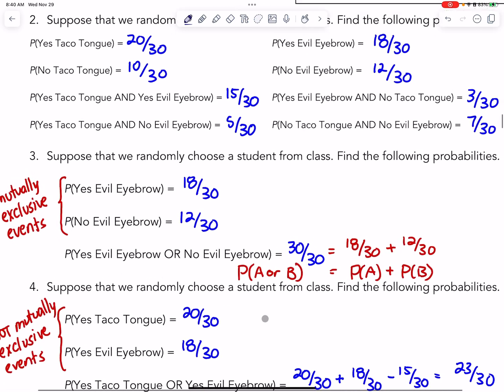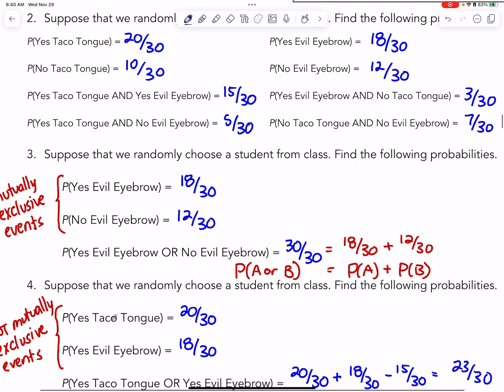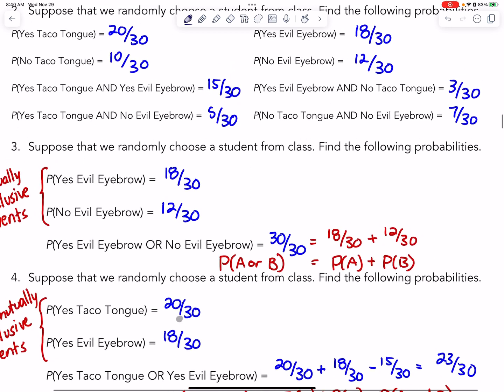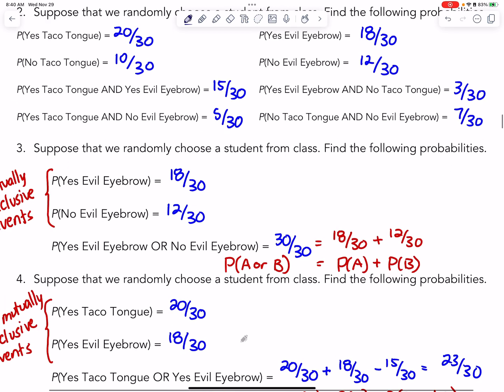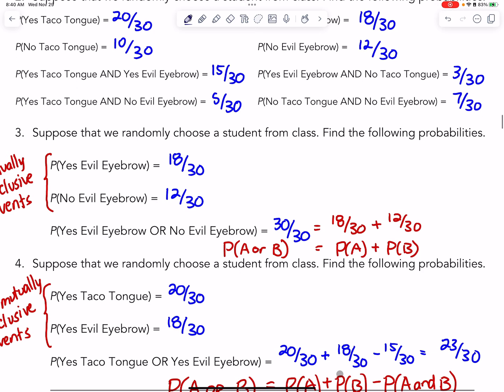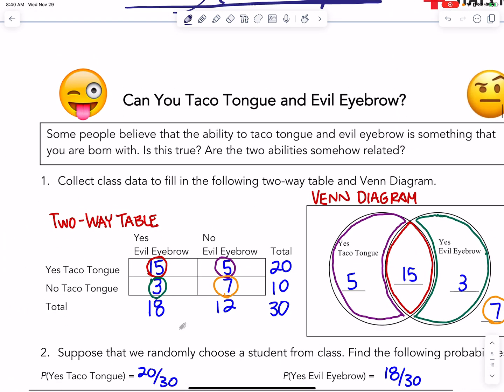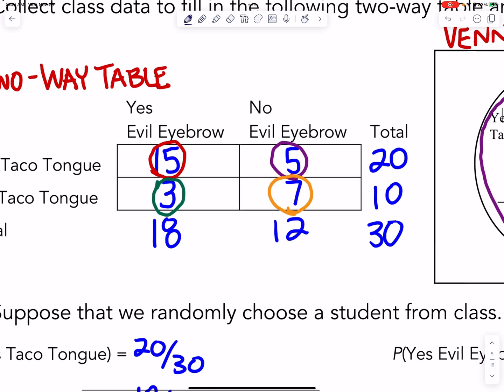Events that are not mutually exclusive are taco tongue and evil eyebrow, because there are people in the overlap. So if I ask what's the probability of either of those happening, I have 20 out of 30 plus 18 out of 30, but I have to subtract my overlap. When I get the 20 originally, I do 15 plus 5.